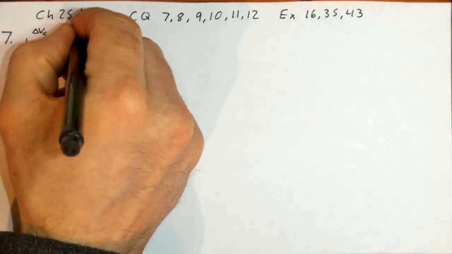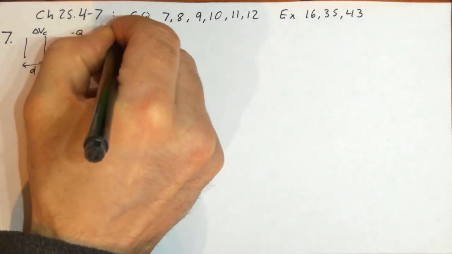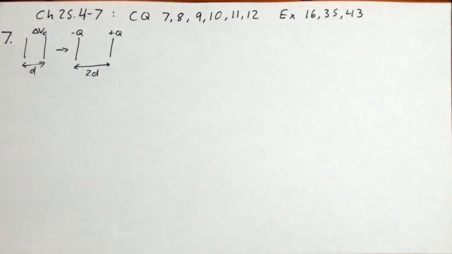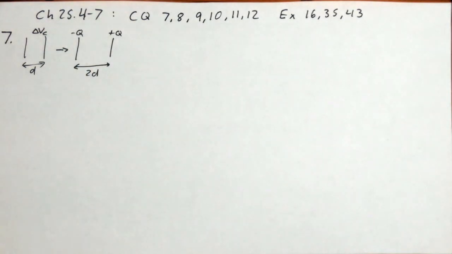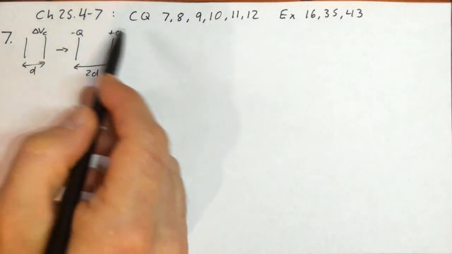Remember, the Q is confined to the plates. It's physical objects, electrons or the bare nuclei that are on this plate. They can't fly away. They can't become fields. So by pulling these apart using the insulating handles, Q is fixed. So Q did not change.